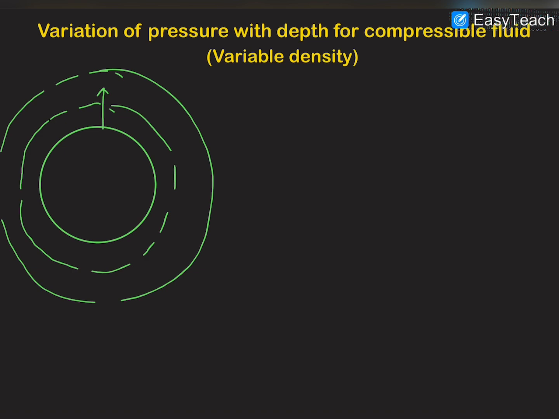At the surface of earth the pressure is P naught, which is 1.015 into 10 raised to power 5 pascals, and as we go above the earth's surface, away from the earth, the pressure will decrease.